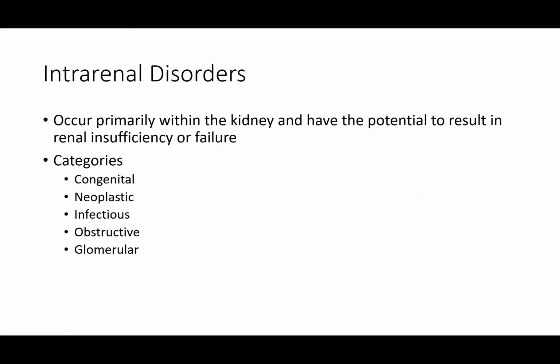Okay, so these do primarily occur within the kidney. There are different things that can cause inside the kidney problems, such as congenital, neoplastic, which would be new tissue growth, infections, something obstructing it, or glomerular.